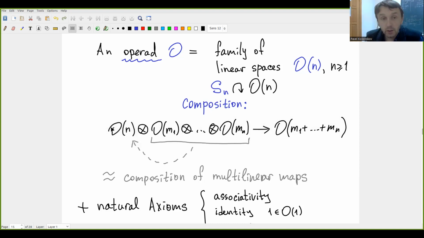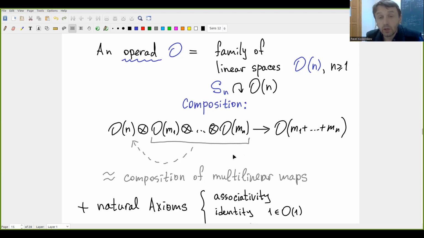Then, given a transformation with n arguments, you may substitute transformations with other numbers of arguments, so that the result, the composition, would be a multilinear map with this number of arguments. So, in order to understand what an operad is, just remember about composition of multilinear maps.